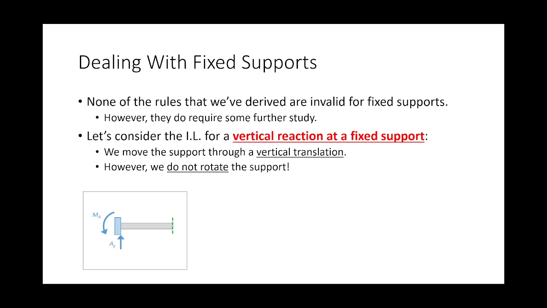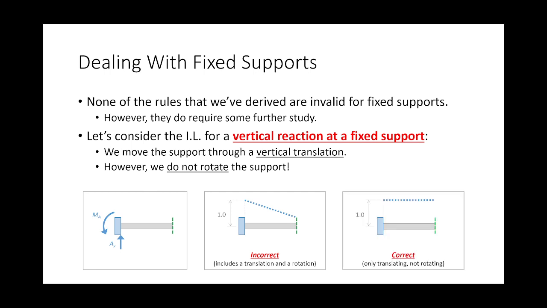So if you're drawing your influence line and you're doing that, that's wrong, because you are taking this point and lifting it and rotating it. We're not doing that. This is a fixed support. The moment reaction didn't go anywhere. That moment reaction is whatever special value is required to prevent rotation at that support, and it didn't get removed.